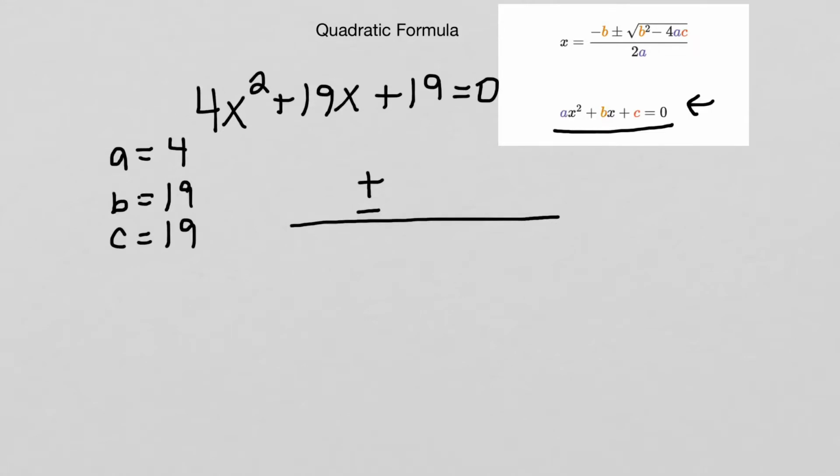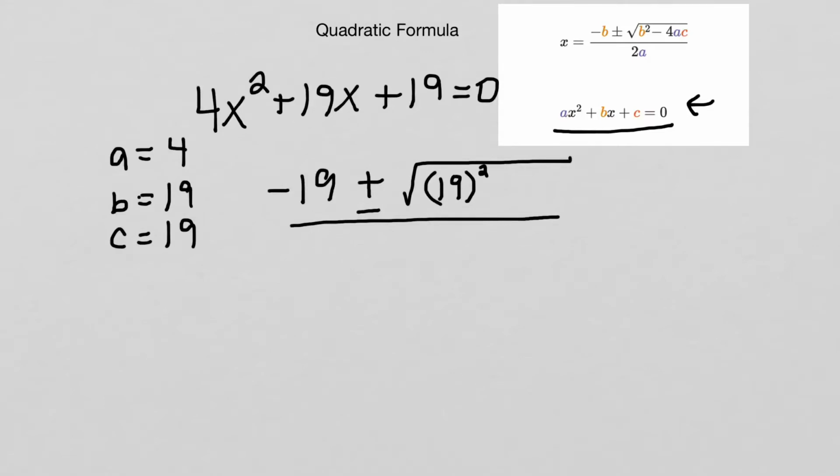Okay, so we got minus b. So minus, and b is 19, so it's minus 19. I'm using the formula up here in the right-hand corner of the screen. All right, plus or minus the square root of, I'm going to put this in parentheses. It says b. b is 19, so it's going to be 19 squared.